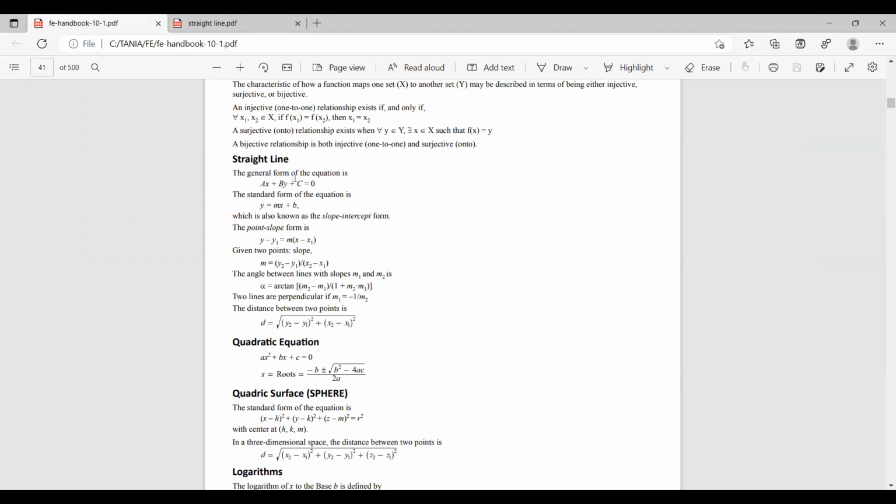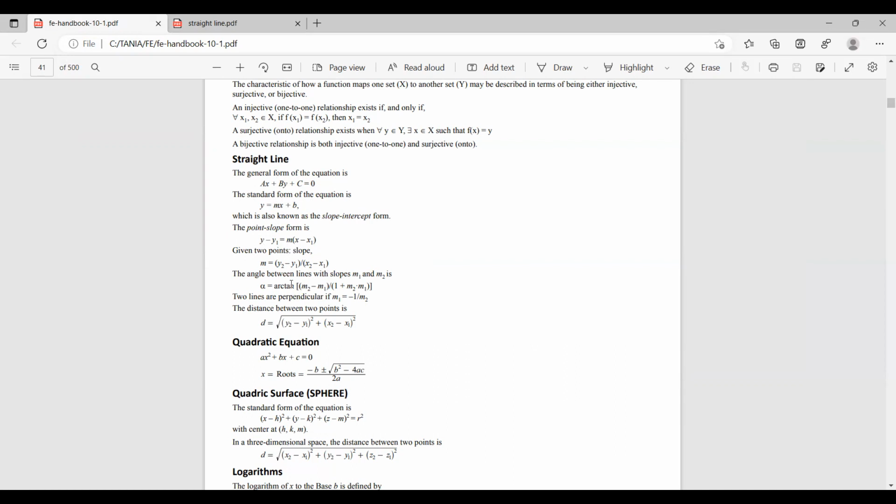So here we have the general form of the equation. We have the standard form of the equation, which is y equals mx plus b, and we know m is the slope. Then we have the point-slope form, and given 2 points, we can calculate the slope.